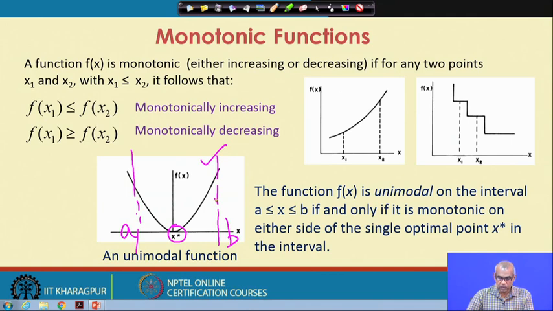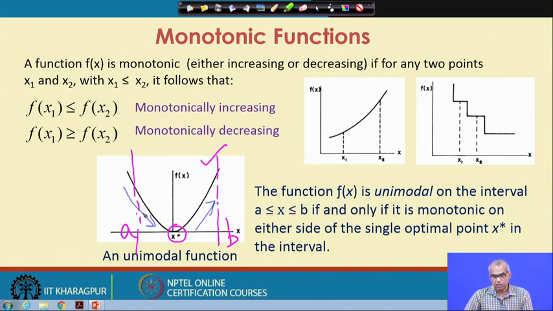Now, if you look at this side, that means on the right hand side of the minimum point x star, as x increases, the function value also increases. So, monotonically increasing. Now, if you look at the other side, that means the left hand side of the point x star, as the x increases, the function value decreases.